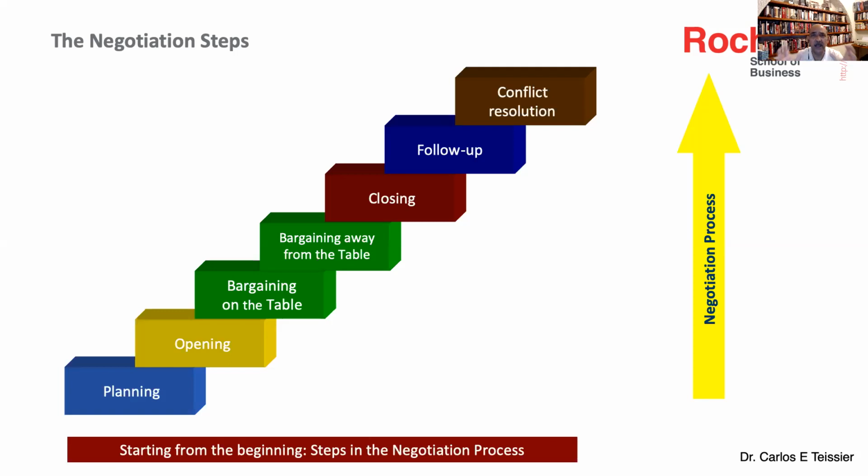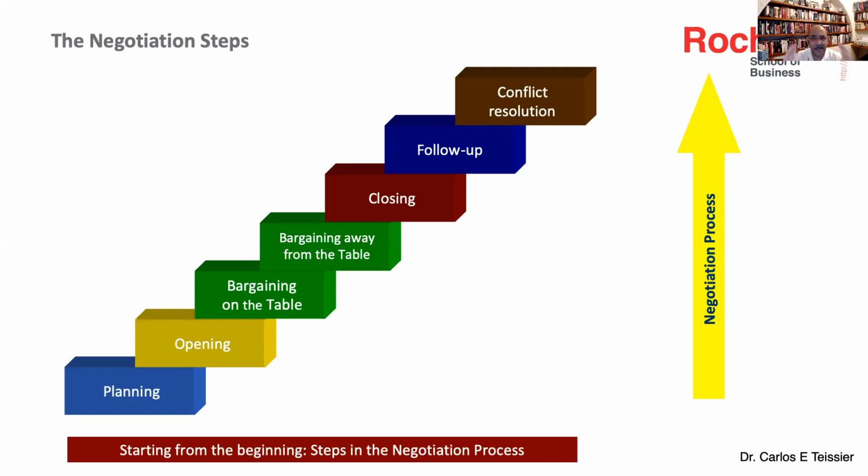Conflict will happen. Why? Because the world changes. The world is different, and because the world is different, you are going to face some changes. And when things change, when conditions change, conflict becomes part of the game. So that's why at the end of the course, during the last weeks, we're going to focus on conflict resolution.